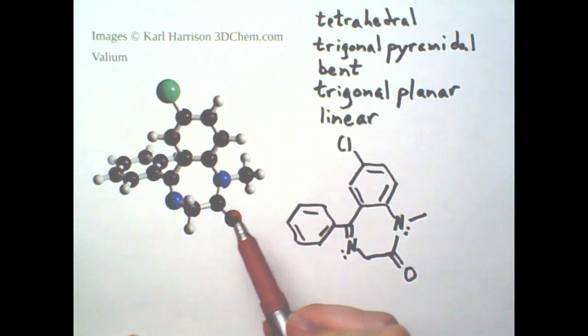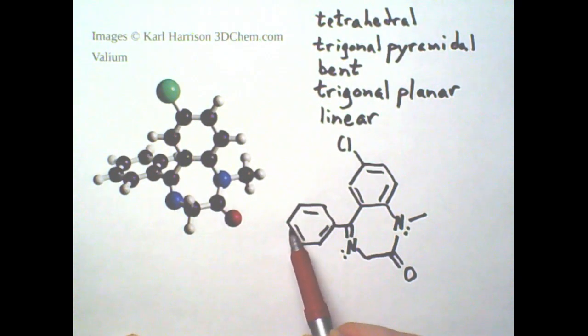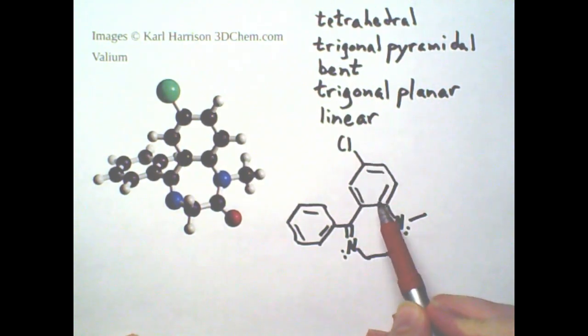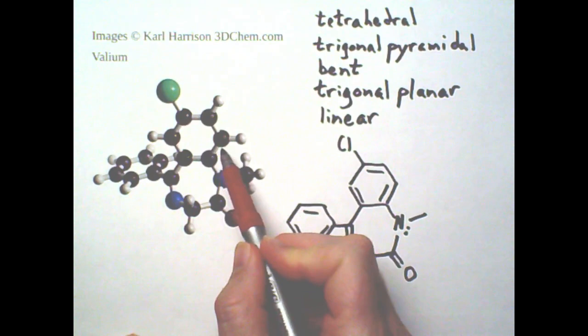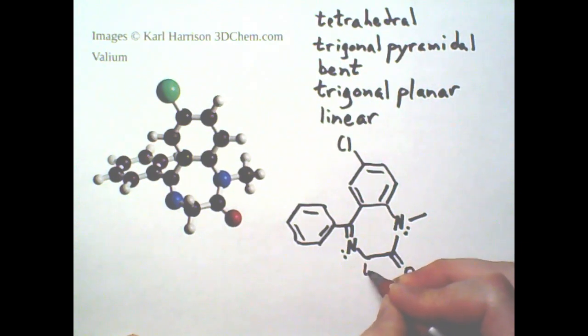Each of these carbons, you can see it's very flat there. Each of these carbons has three things attached, not tetrahedral. All of these carbons have three attached, not tetrahedral. Here, there's a double bond, not going to be tetrahedral. Right here, we've got one with four things attached.